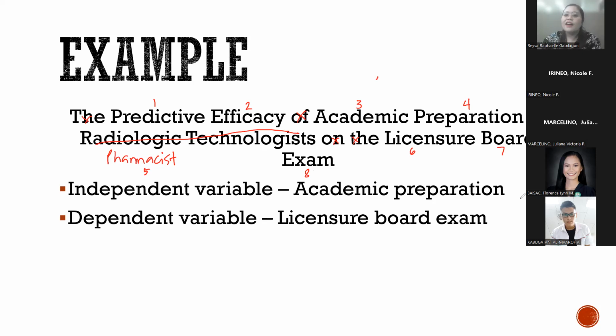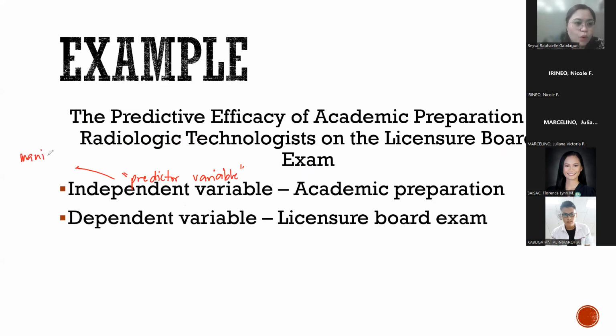naman sumobra ng 20. Okay, next, the title should include both the independent and the dependent variable. So ano ba yung dalawang yan? When you say independent variable, we also call this the predictor variable. This is what we manipulate or we control in the study.